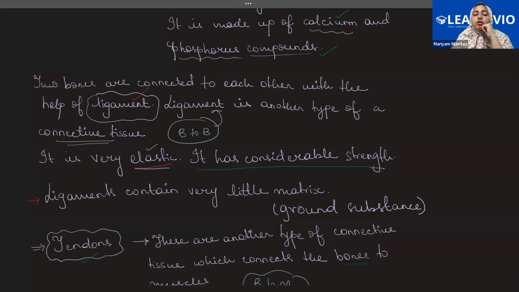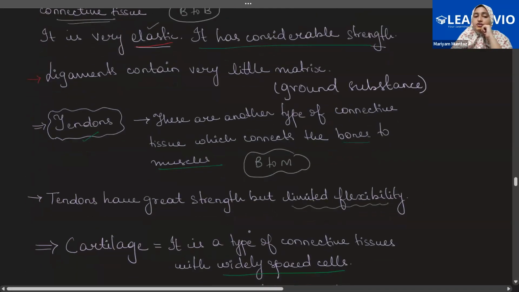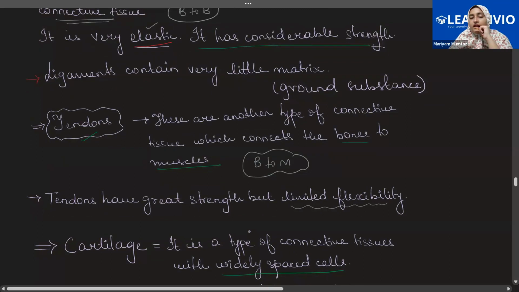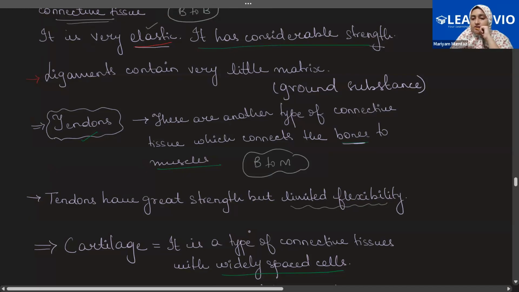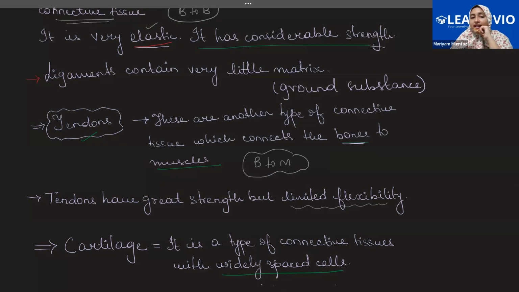Now, moving forward, talking about the next kind of connective tissue, that is tendons. Tendons are another type of connective tissue which connects the bones to the muscles. Ligaments were connecting bones to bones. Tendons will connect bones to muscles. These tendons have great strength but limited flexibility. Ligament in comparison to tendons is much more flexible.